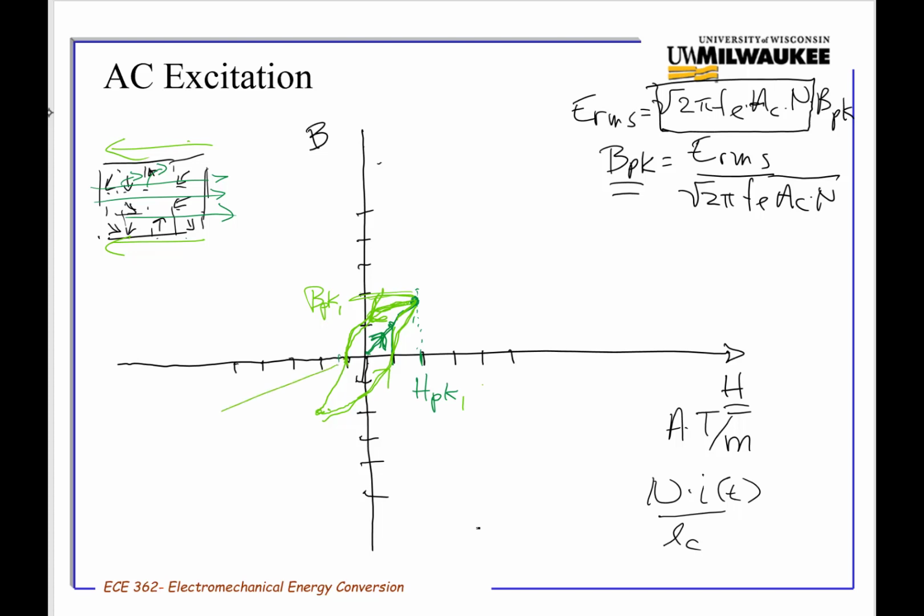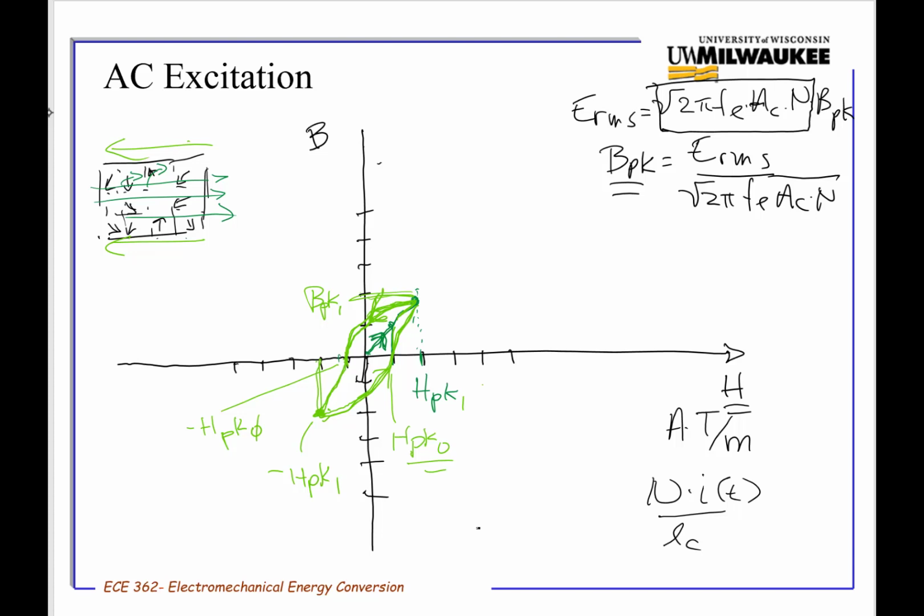It won't get to 0 until you apply negative H. I'm sorry, this would be here, H peak, I'll call this H peak 0. It won't get back to 0 until you get to this value, negative H peak 0. And now the current goes negative, and this would be negative H peak 1, and that is an exact reflection of what's happening on the other end in the positive quadrant.